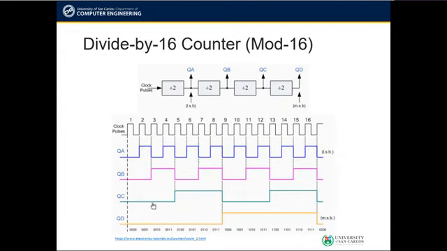And finally, the clock output taken from this flip-flop shall be divided by 16 in terms of frequency, as shown by this waveform labeled as QD.